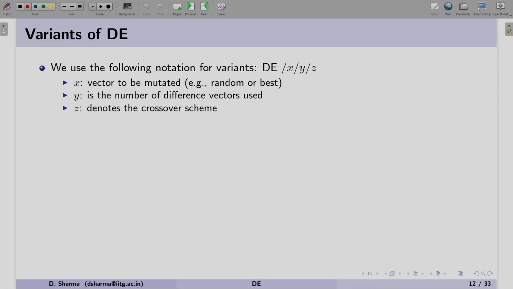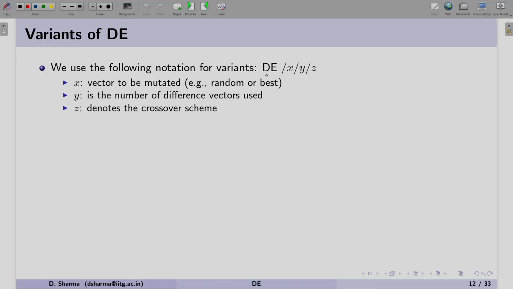There are different variants of DE available in the literature. Generally, those variants can be differentiated with respect to a form, as we can see here, that the following notation is used, which is represented as DE/x/y/z.